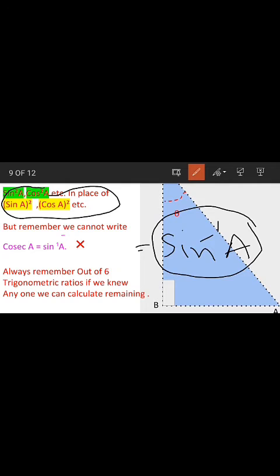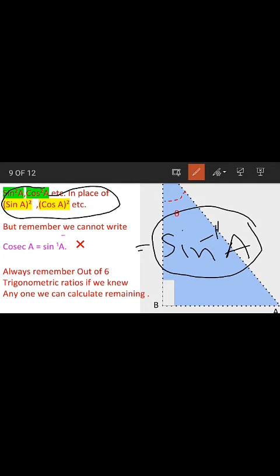It is called inverse trigonometry. So always remember class, you cannot write cosecant A as sine inverse of A, and this minus 1 raised to the power of sine is the symbol of inverse trigonometry. You will learn this in higher classes, and you will understand that sine inverse A means a totally different function of angle A.